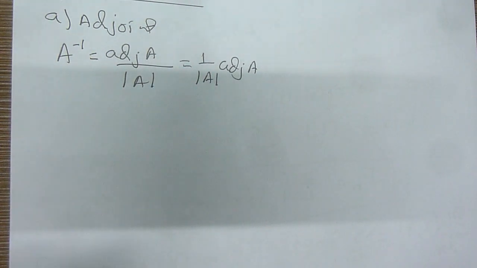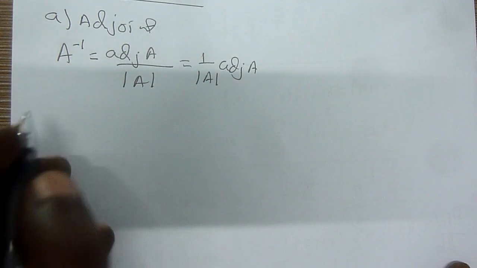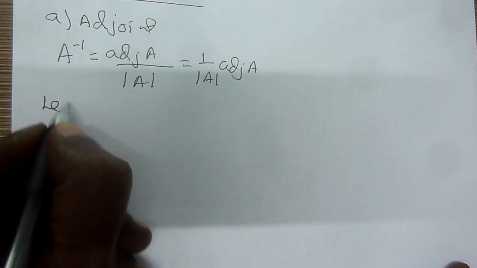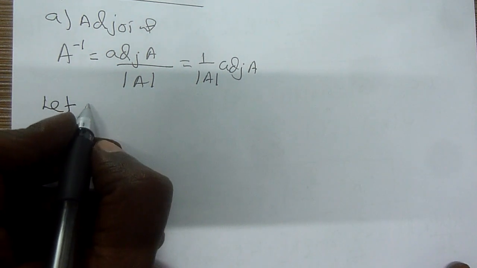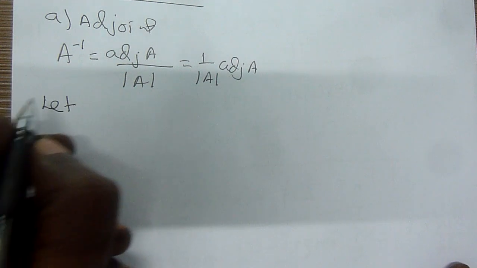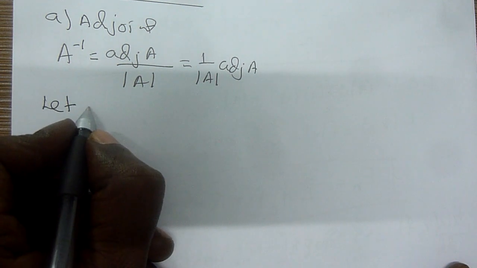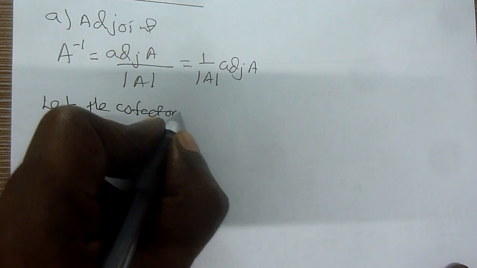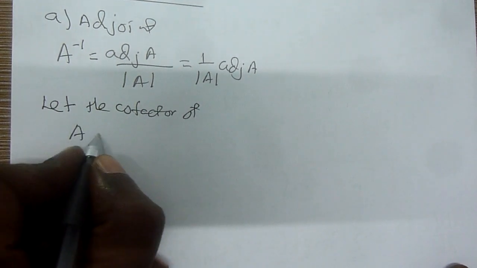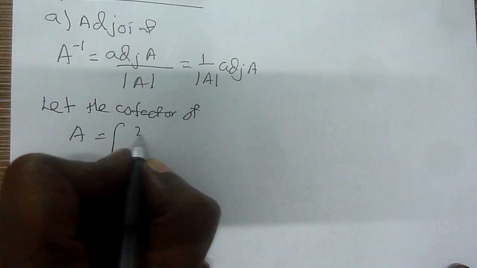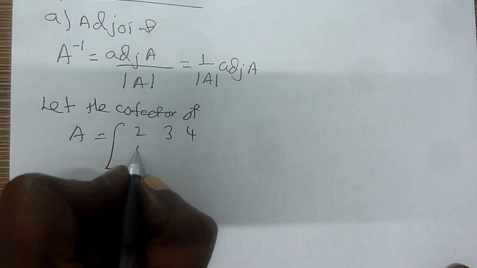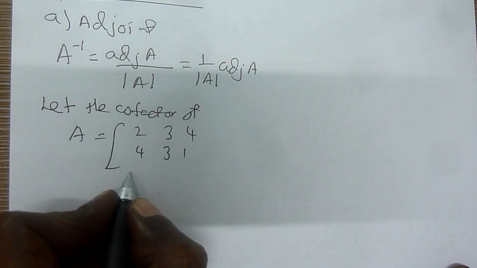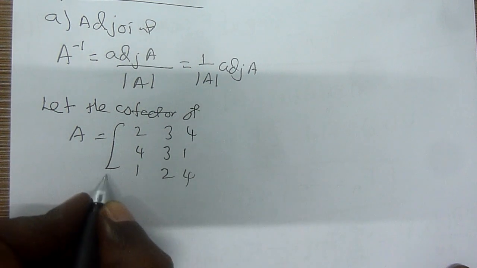Okay, let's say we take A to be the matrix, and find the cofactor of A, here you can see 2 3 4, 4 3 1, 1 2 4.